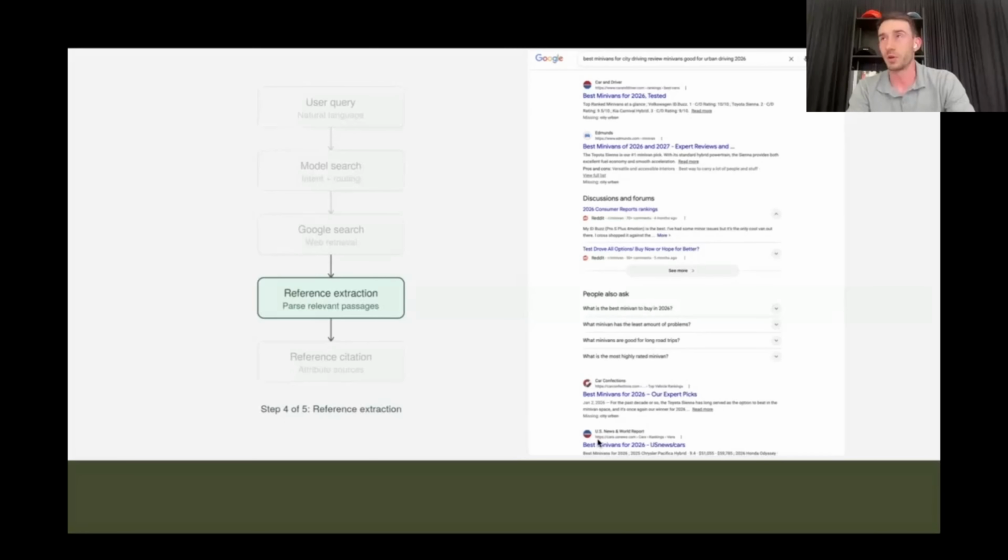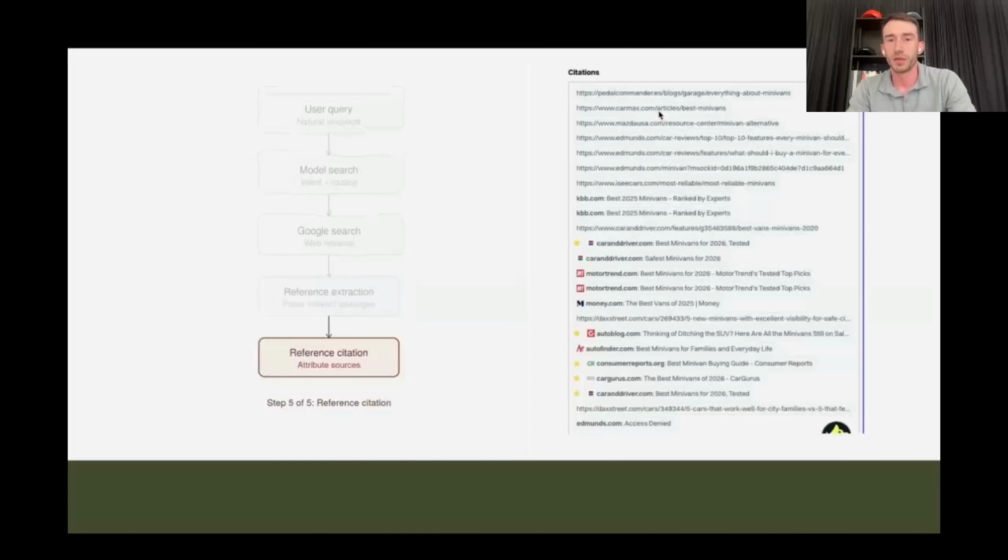This is what the model sees when it makes that query and then processes for analysis. It'll select individual articles it wants to read and then individual passages from those articles too. After it chooses what articles it wants, it says, hey, I read these, these were the citations I used, and uses that to create its final response. We call these model citations, and they're basically like the sources that the model used in its answer.